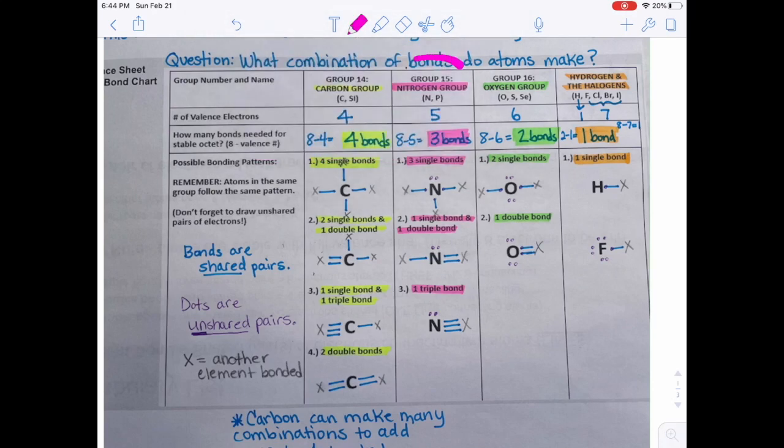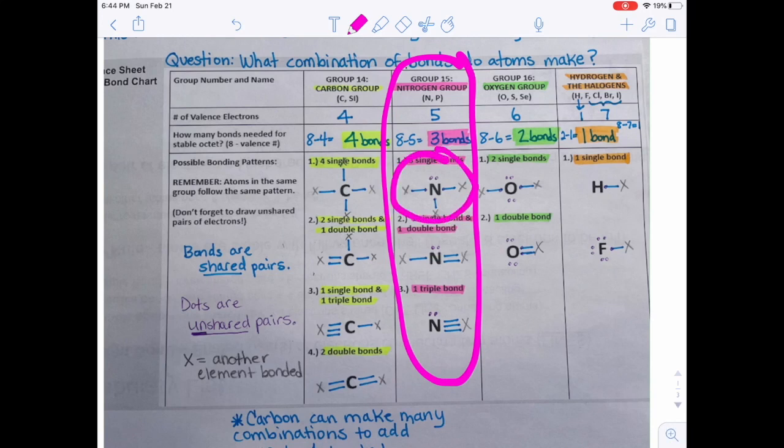That would be how nitrogen might look in a molecule. It can get its 3 bonds in 3 different ways, but that would also be true for P. So if you see P or phosphorus in a molecule, it would also always have one of these patterns that you see here, with either 3 single bonds around it, a single and a double, or just 1 triple.